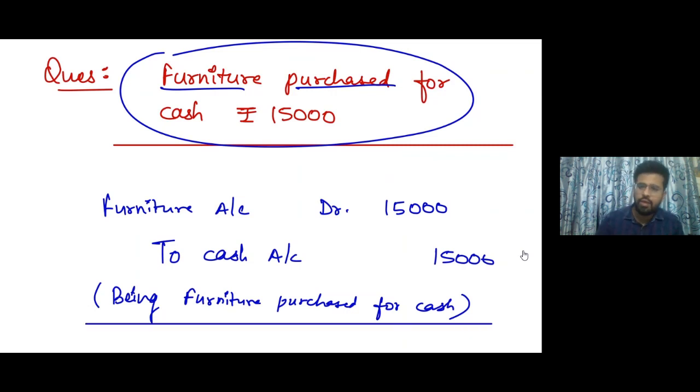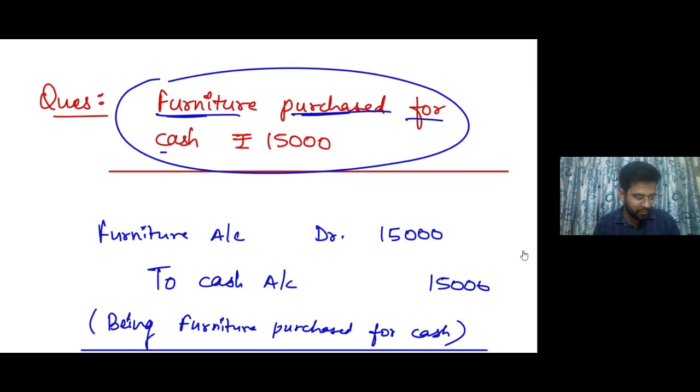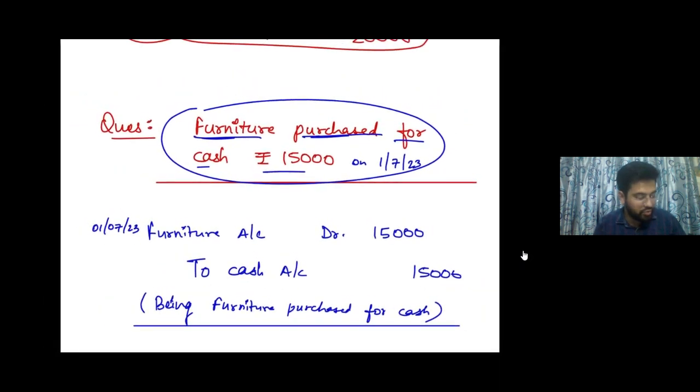Okay, now one more additional thing. If I have been given the date, say the furniture purchased for cash rupees 50,000 on the 1st of July 2023, I will mention the date here as 1st of July 2023. This is the format for doing the journal entry. First column is the date column. Then we have the particulars column, where you write the account which has been debited and the account which has been credited.